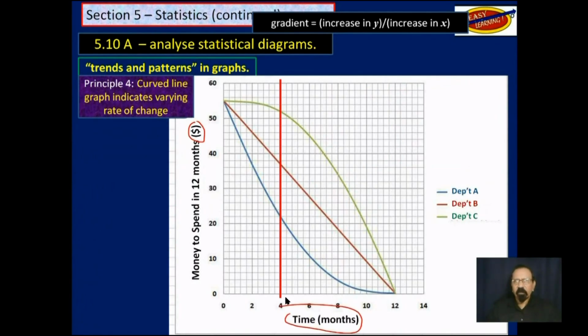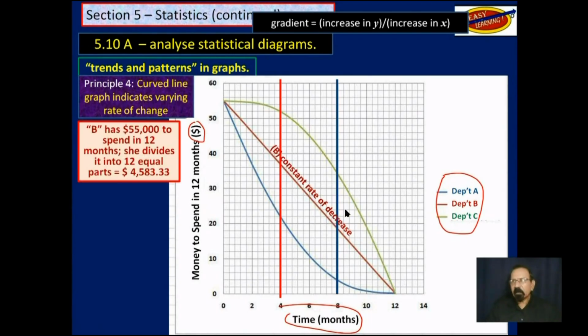Let us say you have 3 departments of a large store, and department B has $55,000 to spend in 12 months. The supervisor there divides that amount into 12 equal parts and spends $4,583.33 every month.